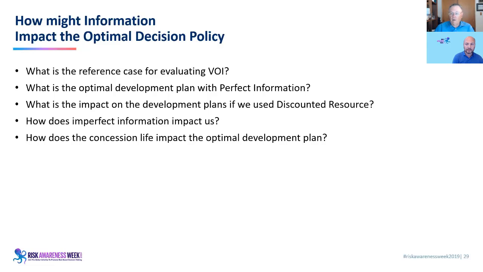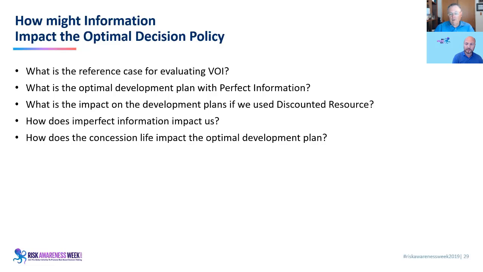You would have an ongoing operation. That becomes your reference case. So it's really important to pick the right reference case, and if people are trying to, you know, bias the results, they'll pick a reference case which is really poor, and you need to make sure that they pick the right reference case.